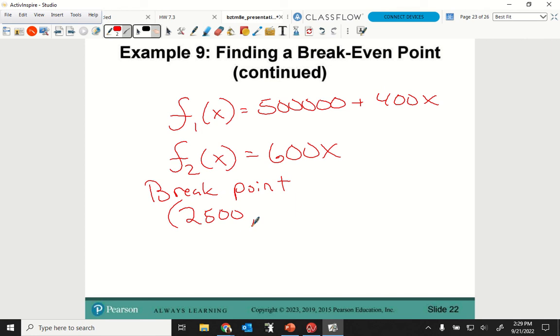All right, I have my, this is going to be how much it costs. Am I missing a 0? One more 0. There we go. So at 1.5 million, I sold 2,500, and that's my break-even point.